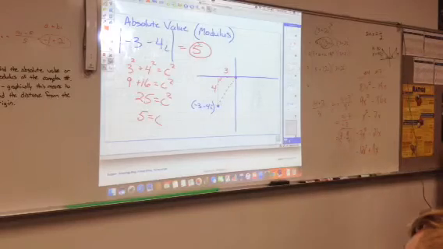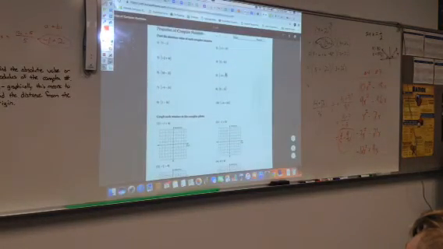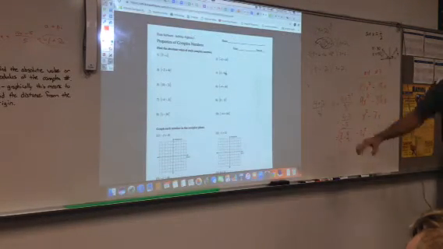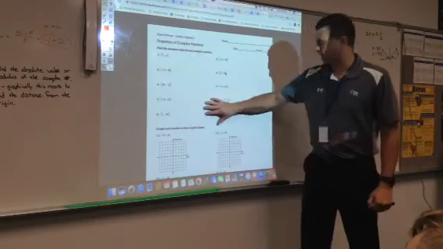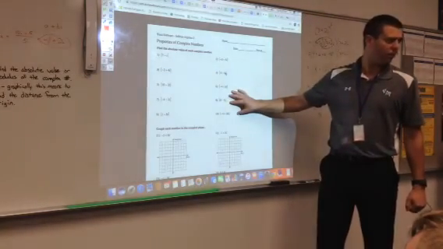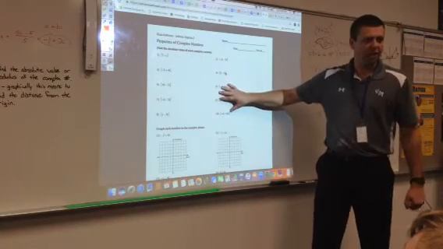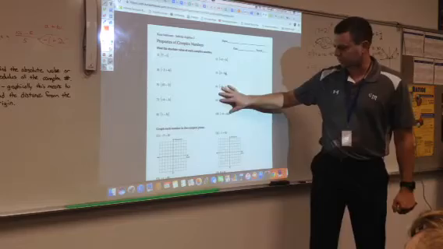That's really it. If you look at the link itself, if you want to do all 10, do all 10. If you got the hang of it after 4, don't waste your time. But these first 10 are just all finding the absolute value of those complex numbers.